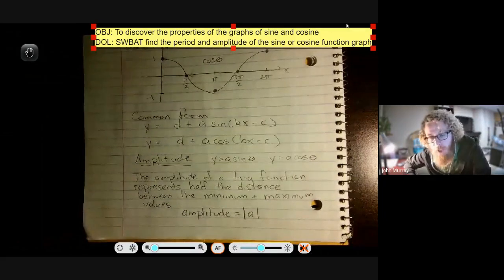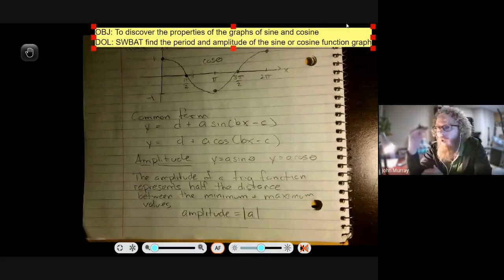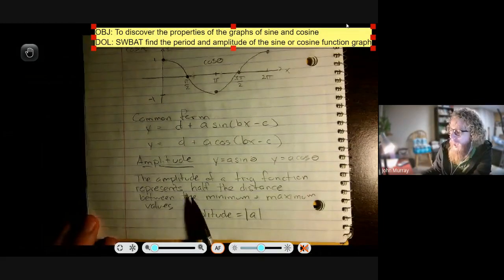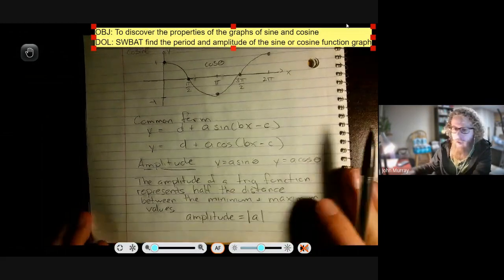Okay, by definition, the amplitude isn't the whole thing. Amplitude isn't the range. The amplitude represents half the distance between the minimum and the maximum.